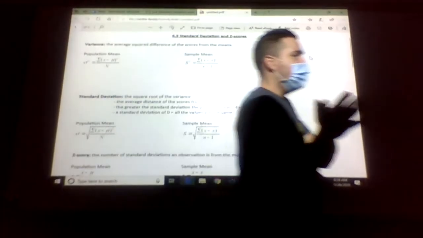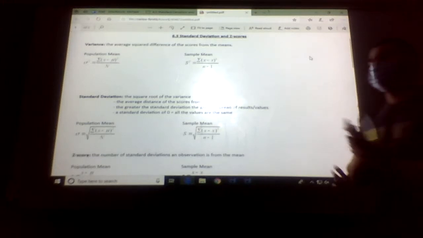Okay, so what standard deviation is, it tells you the average distance of the scores from the mean. If you have a set of data, you find the mean, and then it tells you how far away, on average, all the other scores are. Say our class average is 75 and our standard deviation is 3. That means, on average, each student is about 3% away from the 75.